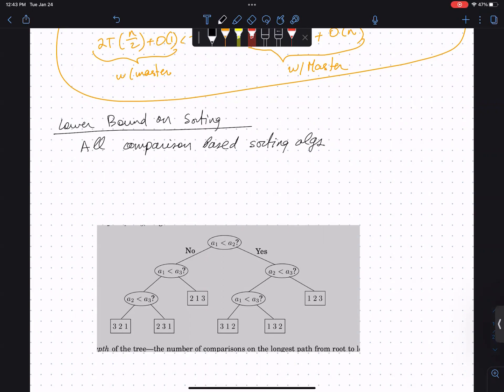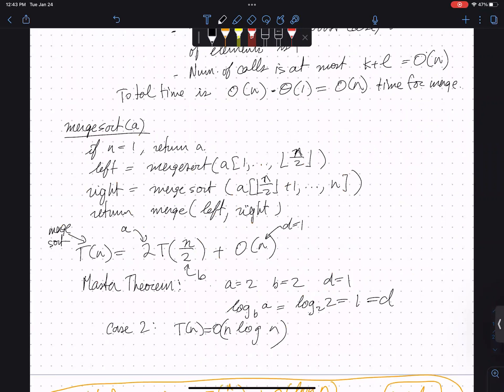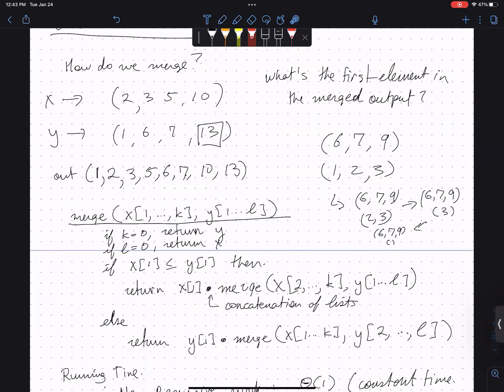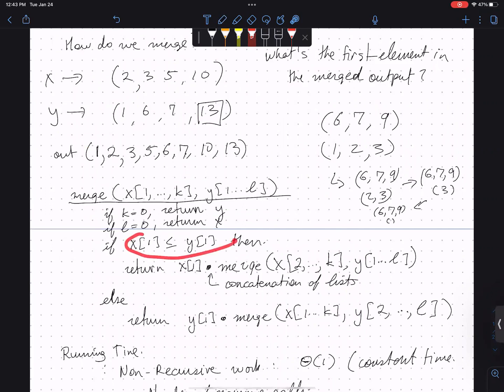Merge sort was a comparison-based algorithm, which means that what it did was compare two elements, and based on that, decide what to do. What other sorting algorithms have you seen?